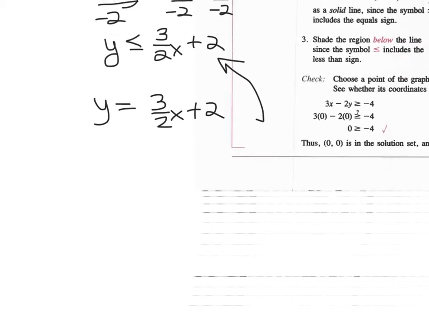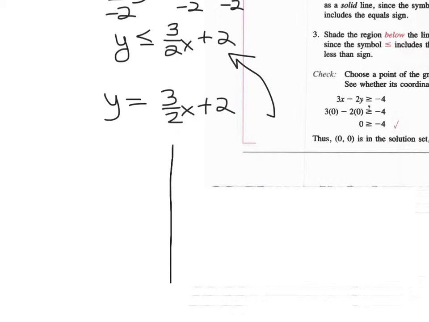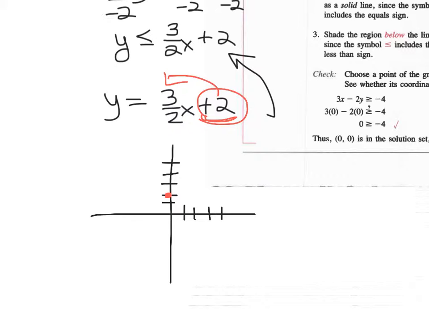Okay, so I know the graph is already there, but just to walk you through, my first point goes on the positive 2, so 1 on the y-axis. So I'm going to put my first point right here, and then from that 2, I'm going to move the slope.